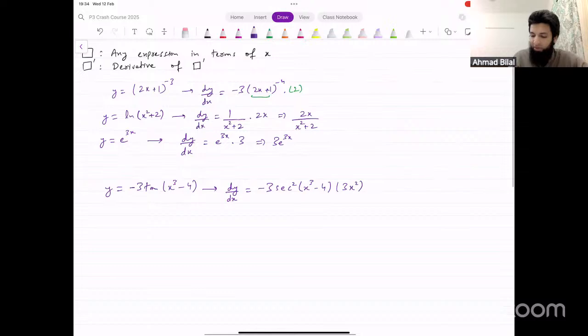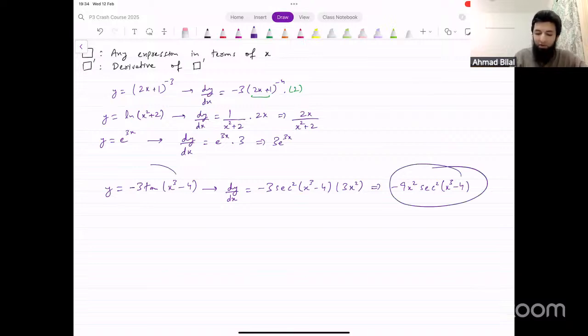We can simplify this if we want. 3x squared and minus 3 get multiplied and give us minus 9x squared times secant square of x cubed minus 4. You can't multiply x cubed minus 4 with anything because that is the angle inside secant square. So this is the final answer. This is the derivative of minus 3 tan of x cubed minus 4.